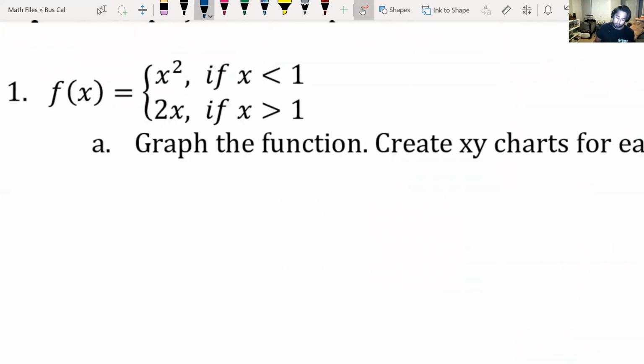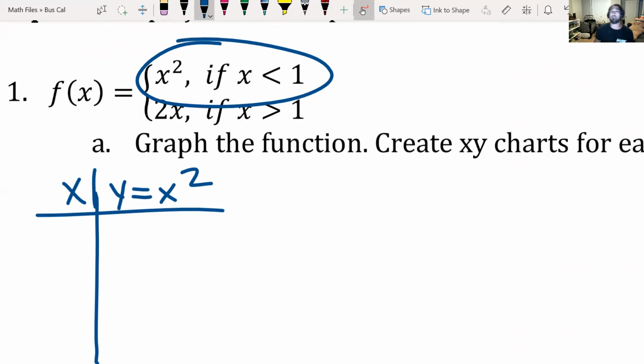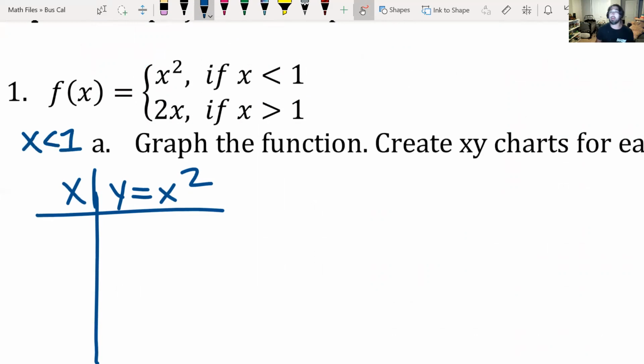So first up, we'll do x squared. I'll say x and y equals x squared. And the restriction to use this one are x values less than 1. So that's where we're starting. I'll put it above there too. X has to be less than 1.